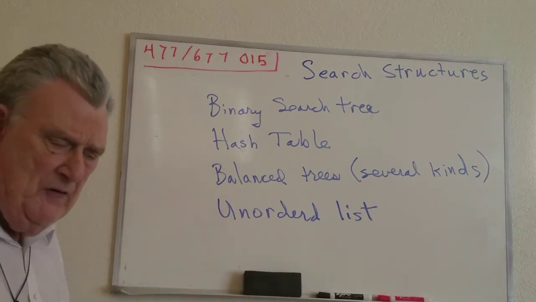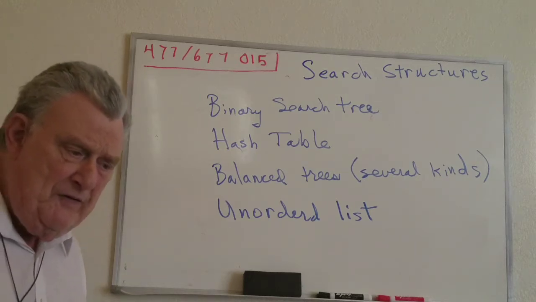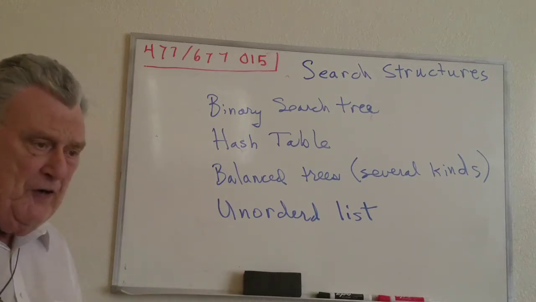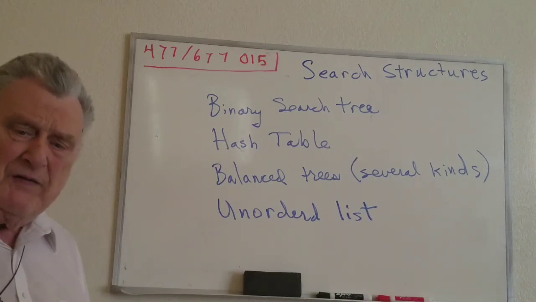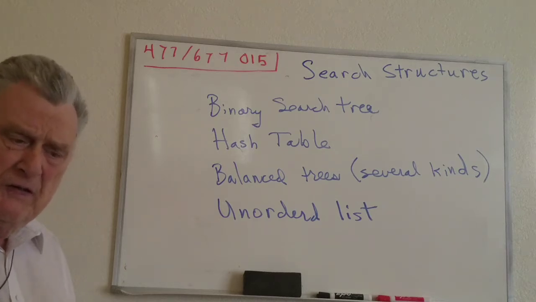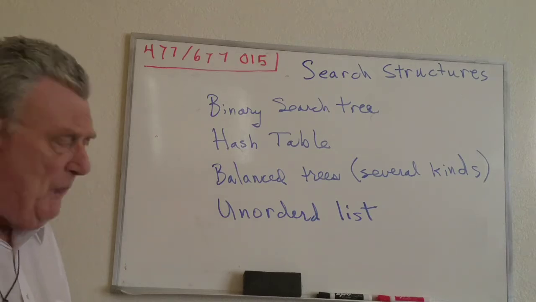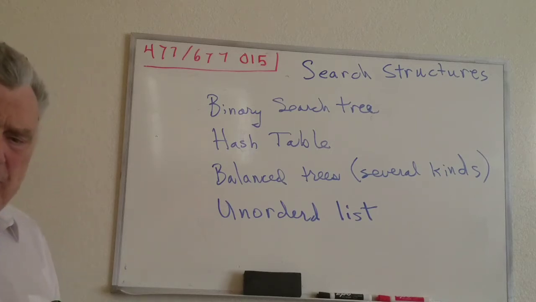Now, in order to search for an item in an unordered list, you have to do linear search. Look at every item until you either find the item or get to the end of the list. Is that ever efficient? Sounds inefficient, doesn't it? Well, the fact is that it's sometimes the most efficient thing to do.